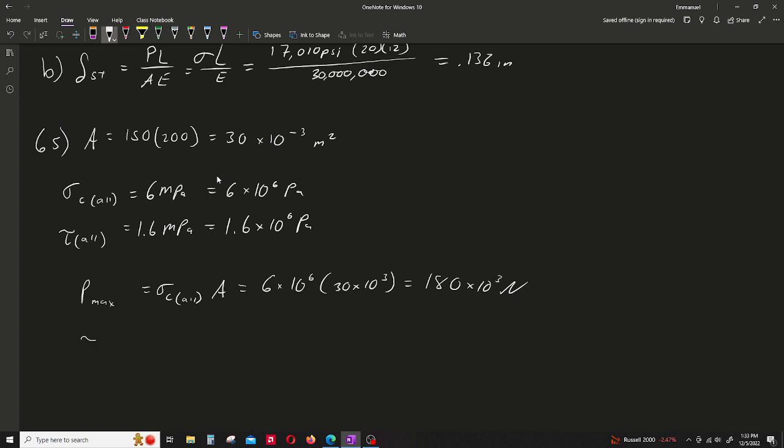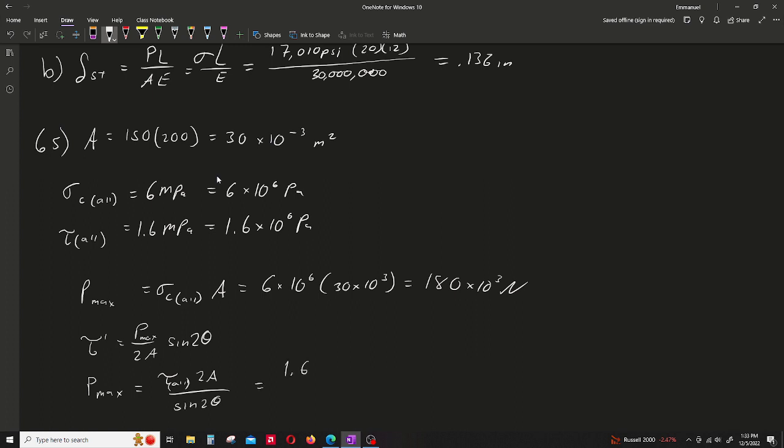And then if we do our shear stress, we'll say tau max is P over 2A, sine of 2 theta, sorry. Sine of 2 theta. And this would be our max force, right? So P max, based on our shear here, would just be our tau times 2A divided by sine 2 theta.